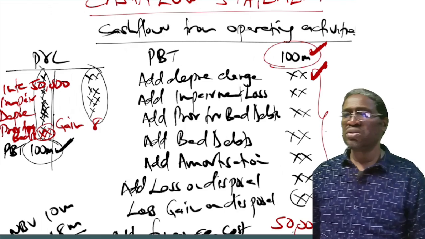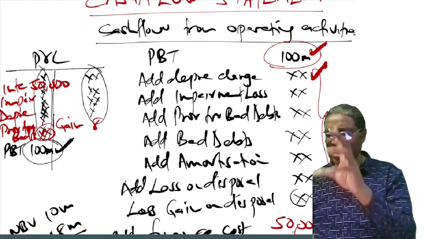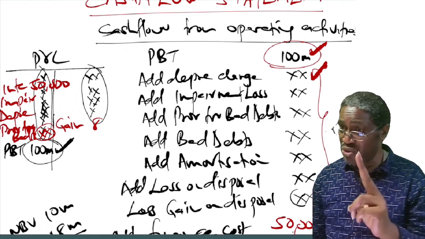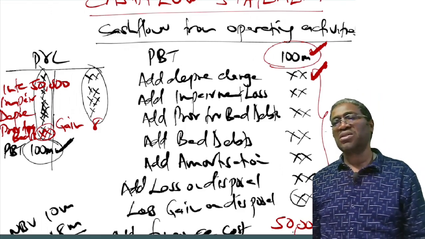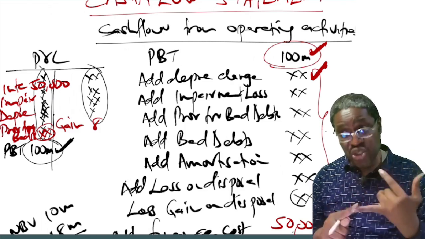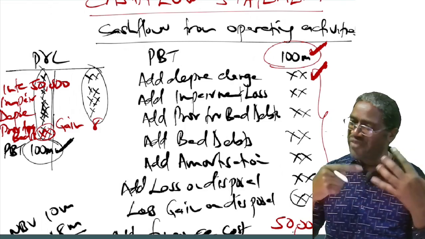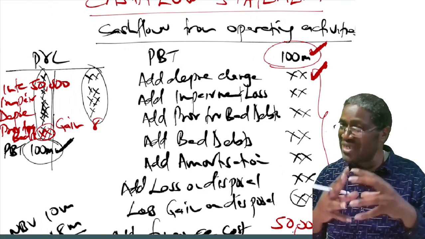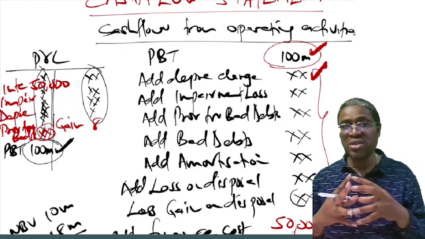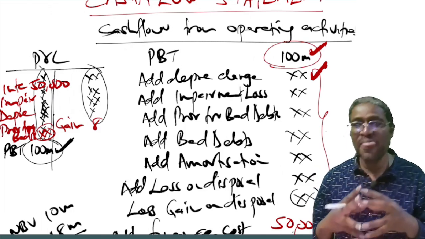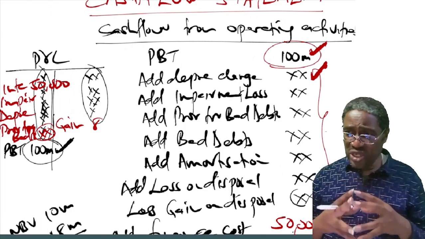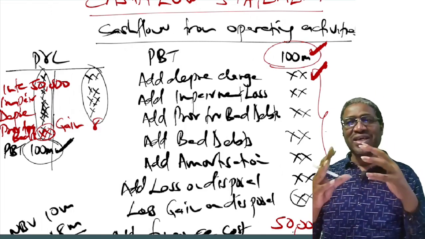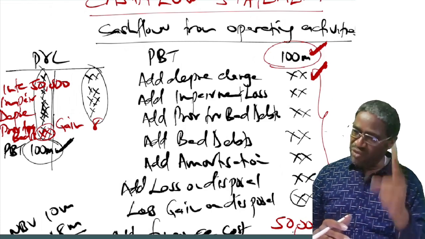Also told you, among the non-cash items you will never miss in any question, that is something you should never forget, is interest charge, which the question may call finance cost. I've told you that's not something you calculate, it will be given in the income statement. Just pick it. Okay? Good. The other thing you will never miss in the question, as far as non-cash items are concerned, is depreciation.